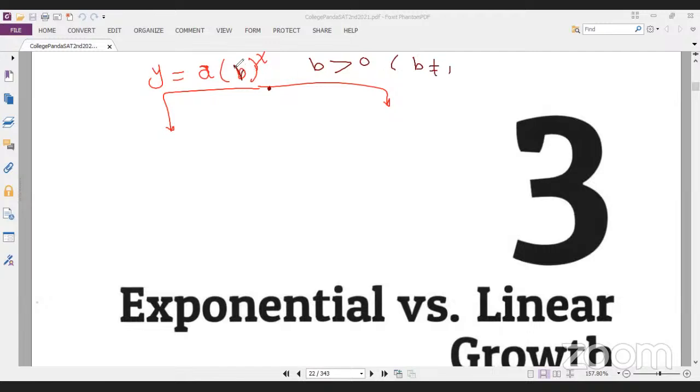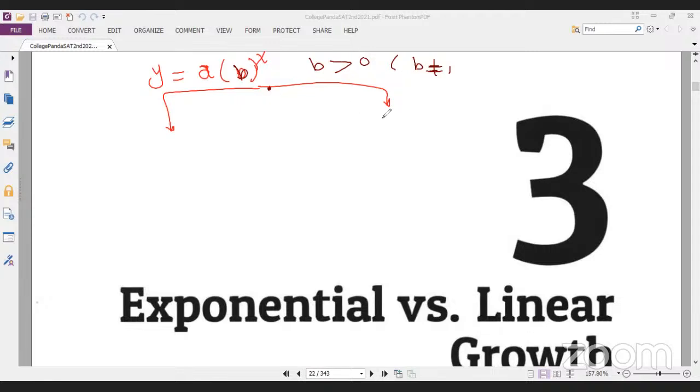If b equals 1, then 1 to any power is 1, so it's a fixed or constant function. So b cannot be 1.